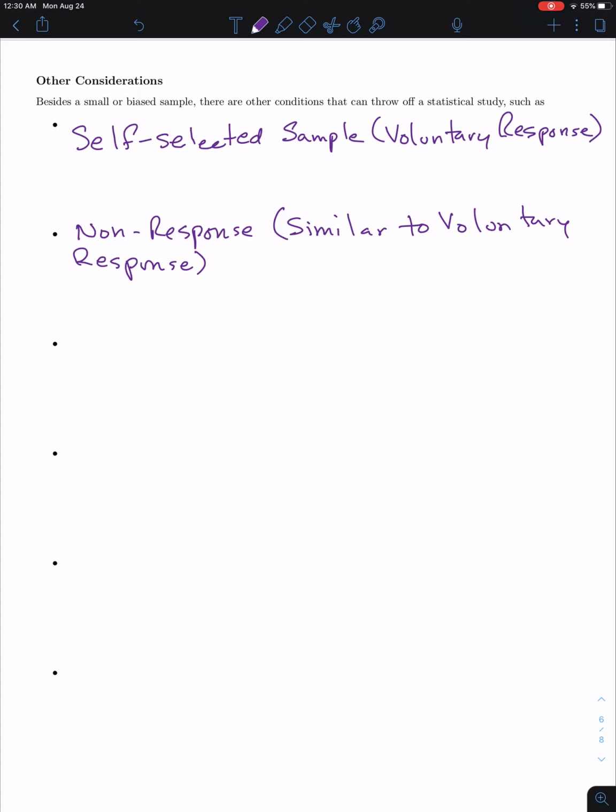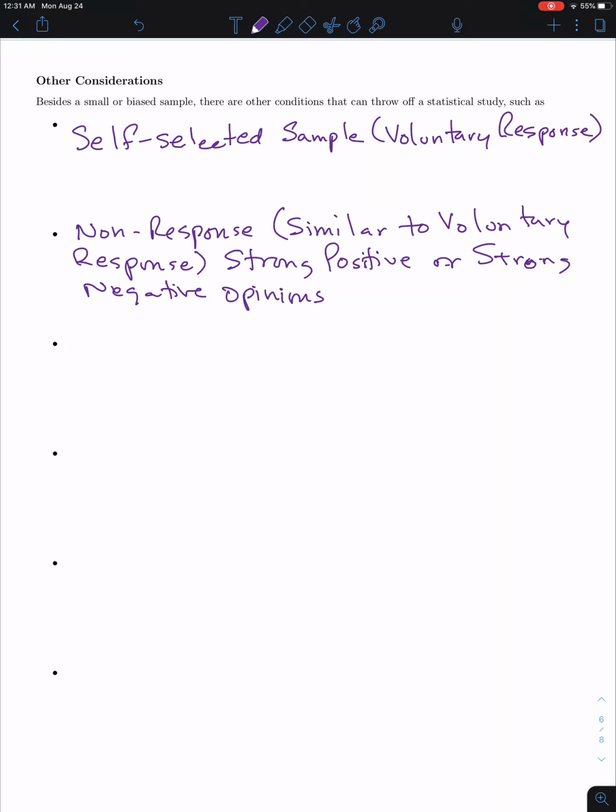What you end up with in non-response is that the people in the middle sometimes don't participate in the survey, if everything's okay. So what you end up getting is either strong positive or strong negative opinions.